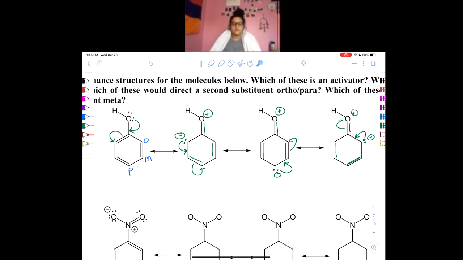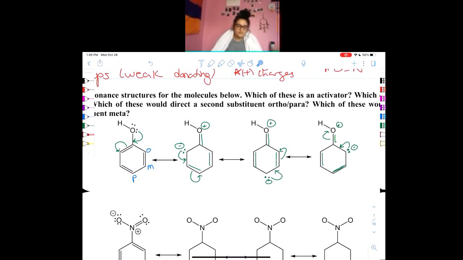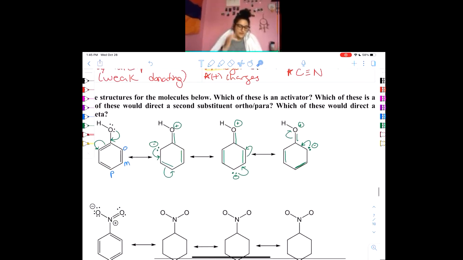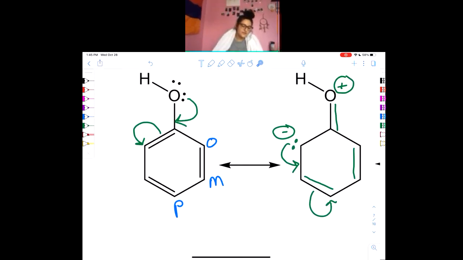That's because when we do resonance, we get a negative charge on the ortho and para positions, which would essentially mean that we have a delta minus at these positions all the time.